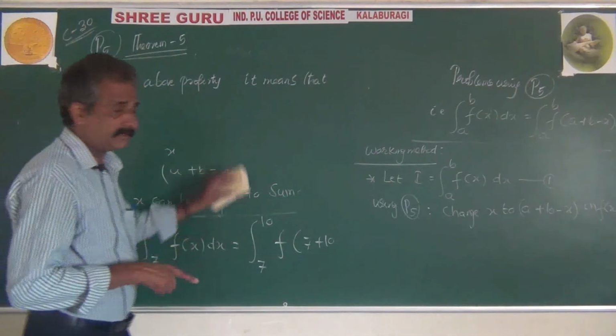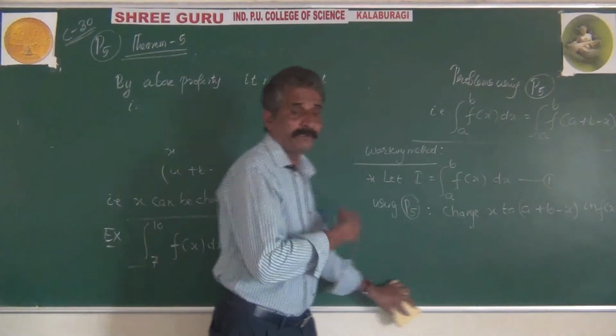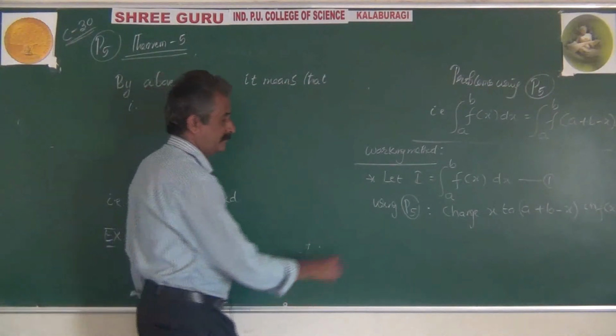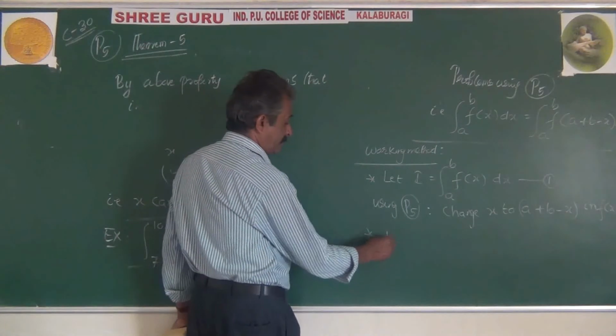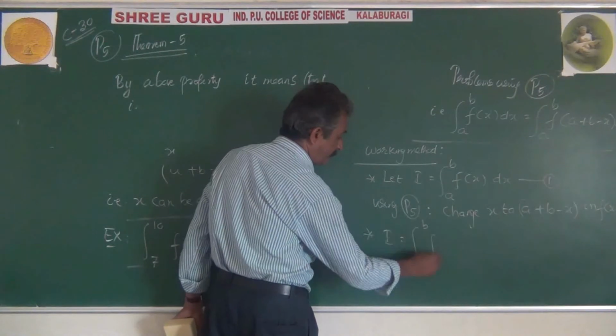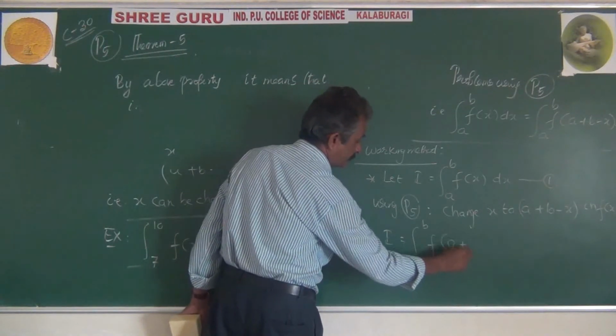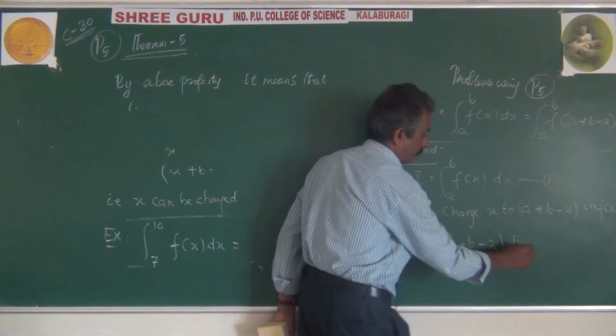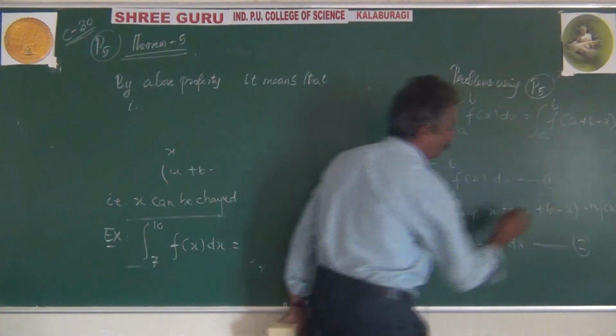So what I am giving is the working method for the problems on property number 5, you go on writing that. So the next step will be I equal to integration a to b f of a plus b minus x. Say 2.